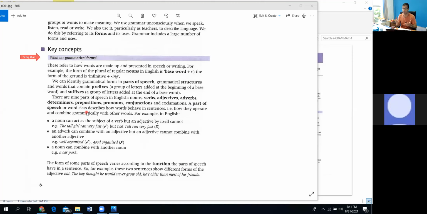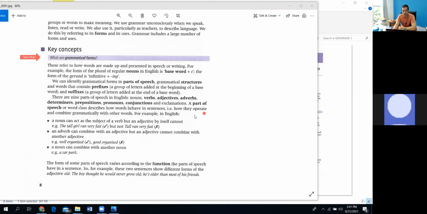Likewise, words also have different behaviors. In a sentence, different words behave in different ways, and it gives us different kinds of meanings. So you can highlight that a part of speech or a word class describes how words behave in a sentence.